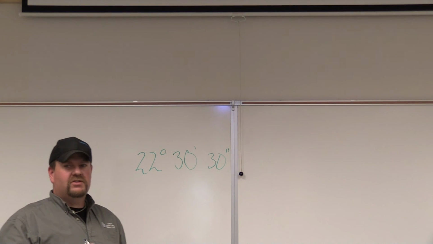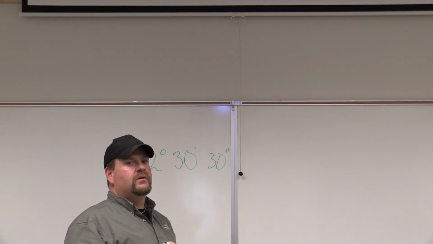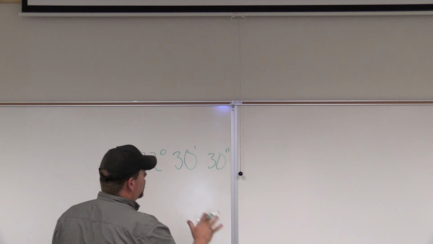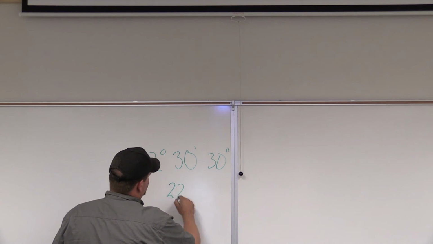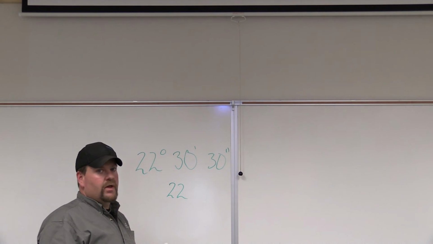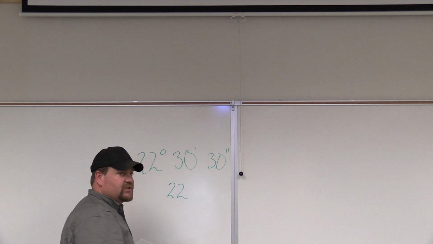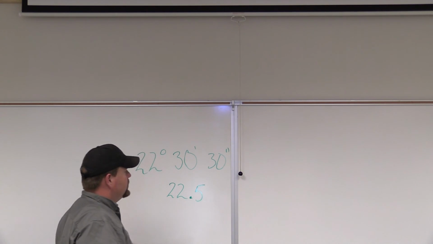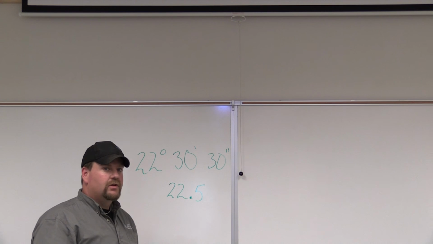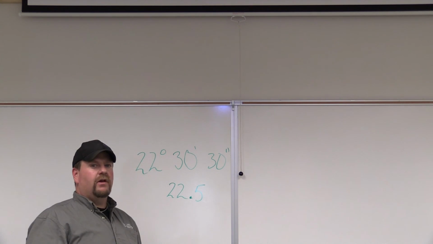Sometimes the minutes and seconds can be rather confusing. So let's just look at this as a whole number, and a lot of times that helps us understand this. So that is 22, okay? Now our minutes were split into 60, so let's go 22.5, a half degree. That's all it is. 30 minutes is a half degree.